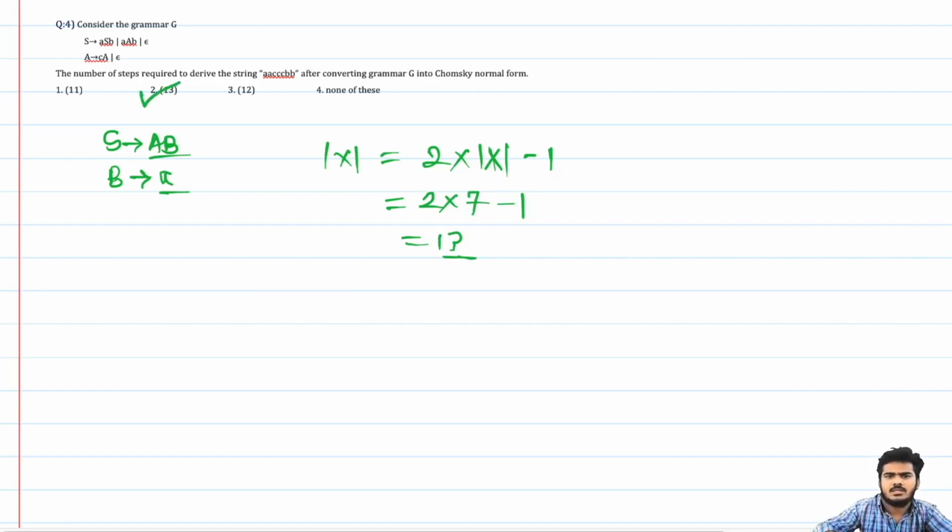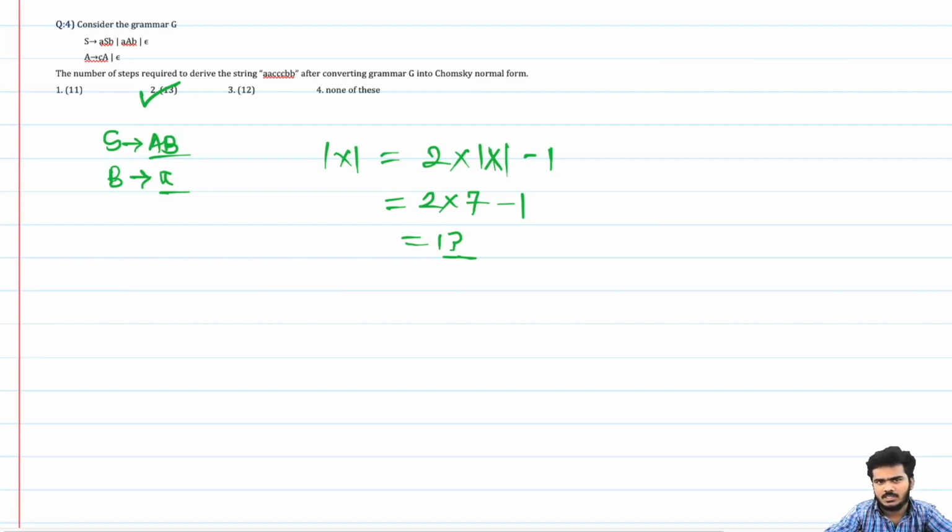We require 13 steps to derive the string AACCCBB after converting the grammar into the Chomsky normal form. Also, you check how many steps we need when the grammar is in GNF form, and comment that answer in the comment section.